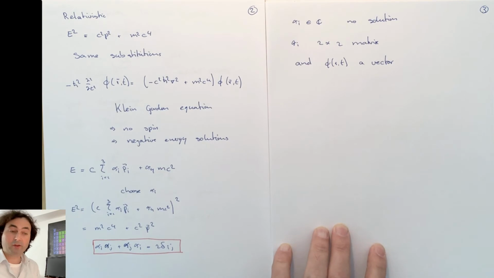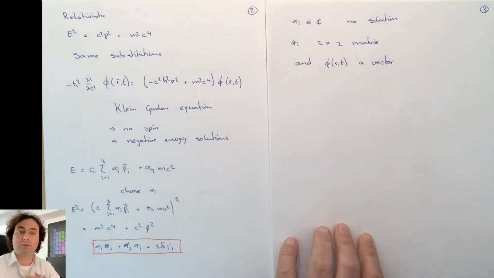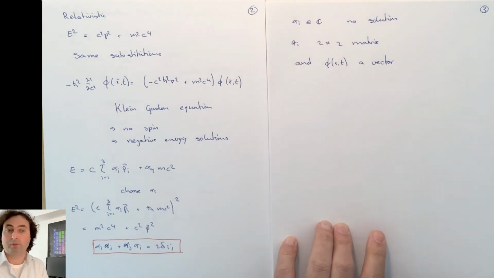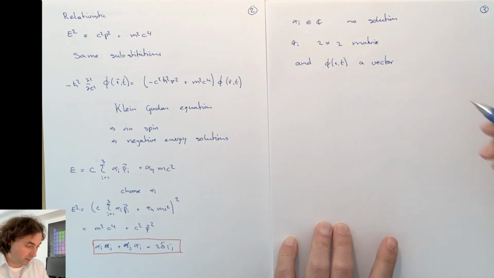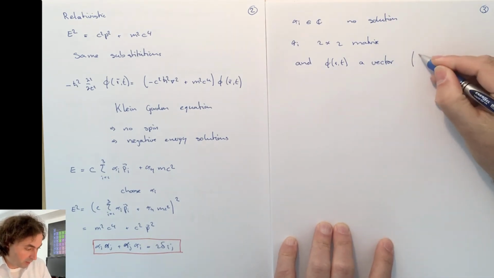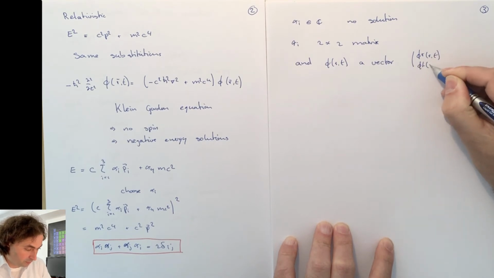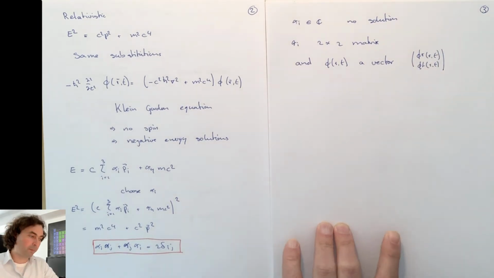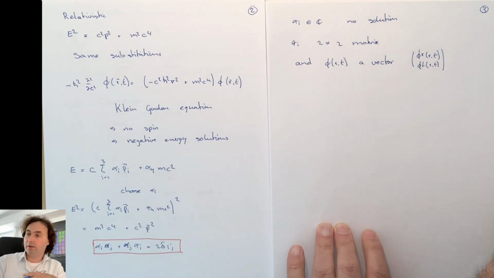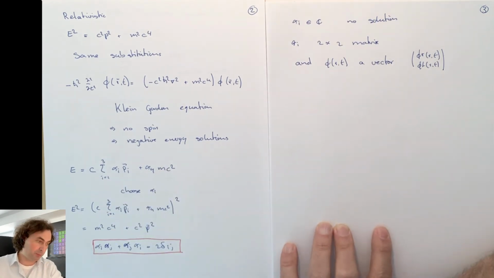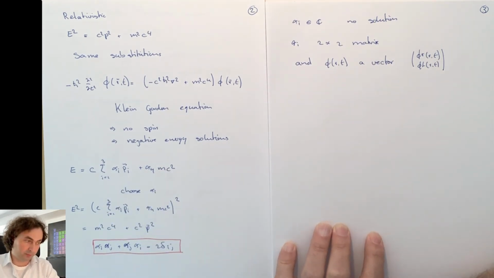Now a vector of length 2 is really nice because that would immediately double the number of states that you have and then give rise to what we now call spin up and spin down. So this immediately, naturally includes spin into your equations.